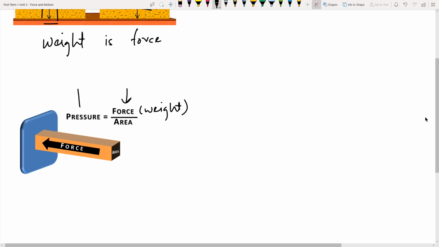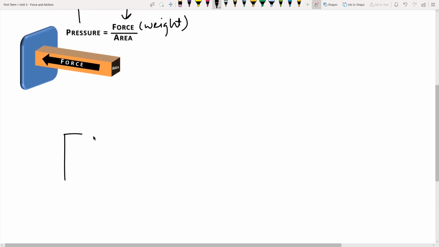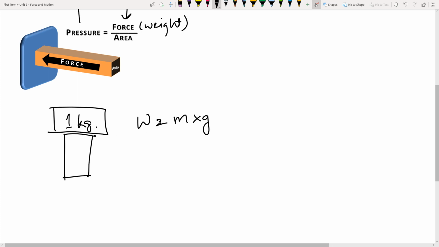Let's say you have an object which weighs about 1 kilogram. Its weight is going to be mass multiplied by the force of gravity, so the weight will be 1 times 10 newtons per kilogram. That's the gravitational force, so it will be 10 newtons.